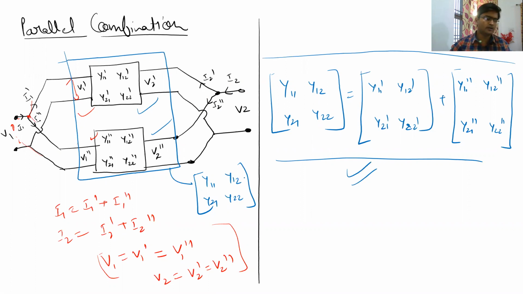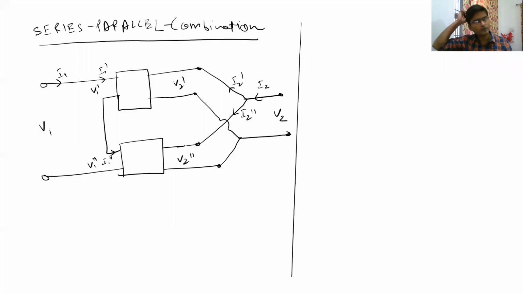So let us go to the combination of series and parallel combination. In this case, you see that the input side has a series combination, but the output side has a parallel combination. So what kind of parameter reminds you of this kind of circuit, where at input you can apply KVL and at output you have to apply KCL?